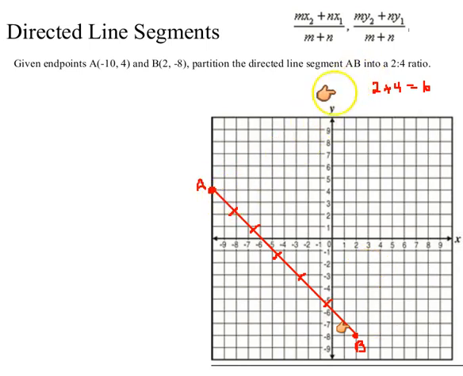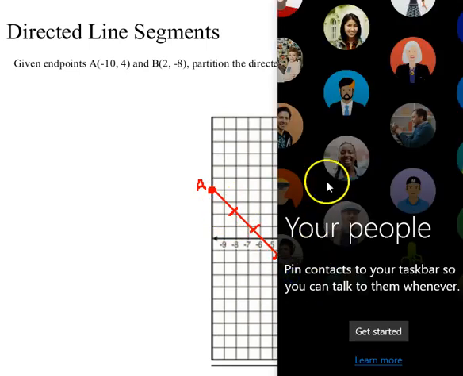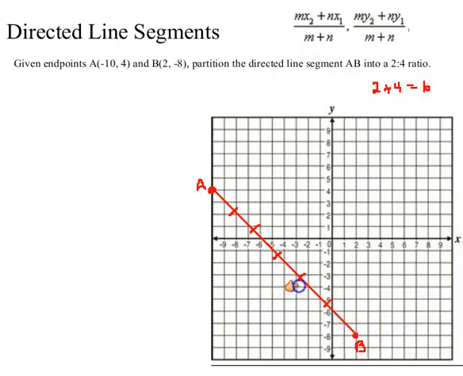And what they want us to find is the coordinate here where it says 2:4 ratio, right here, 1, 2. Now, why here and not this 2:4 ratio? Well, that's because of the name.